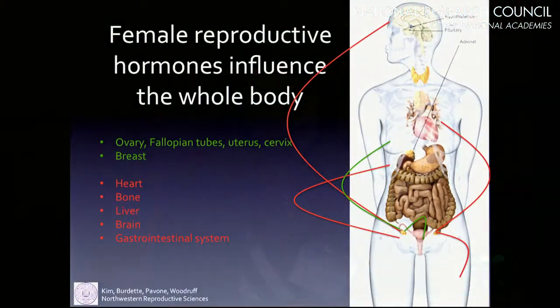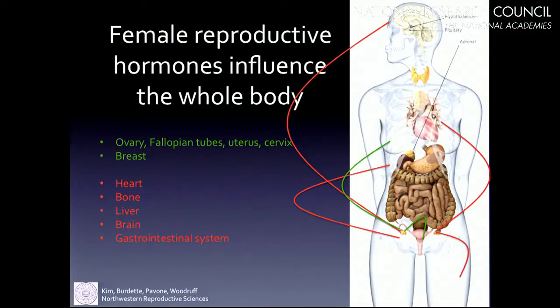Now, not only are the structural components essential for reproduction, but the key hormones that drive this whole process are the ovarian hormones, mainly estrogen and progesterone, as well as other hormones that are produced in the ovary. And this dynamically changing environment, and I'll show it in another slide, doesn't affect just the reproductive tract, but the whole body.